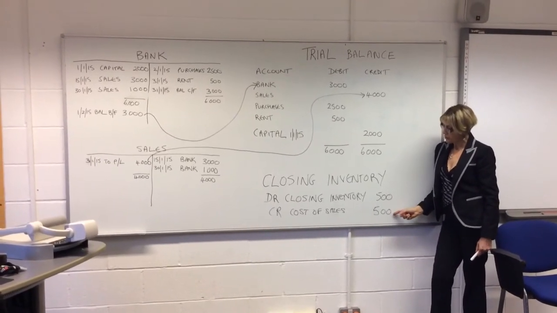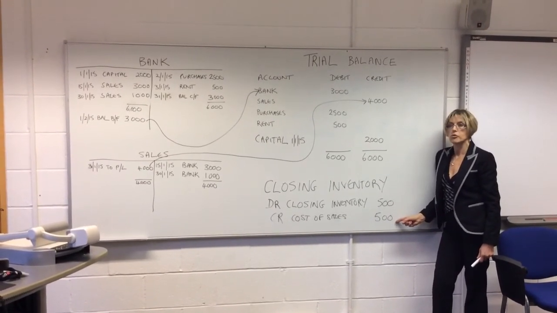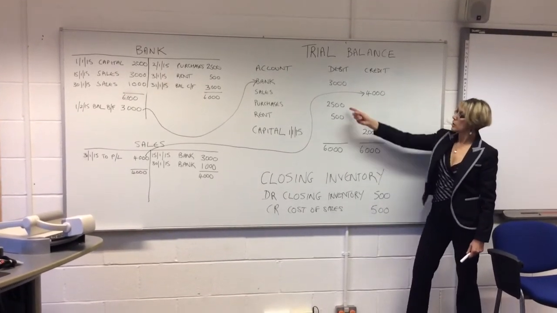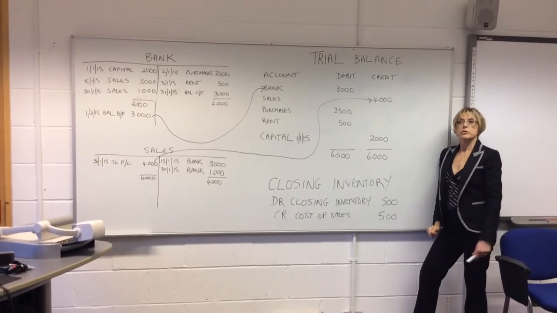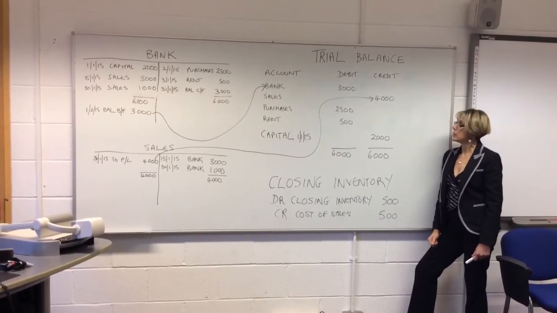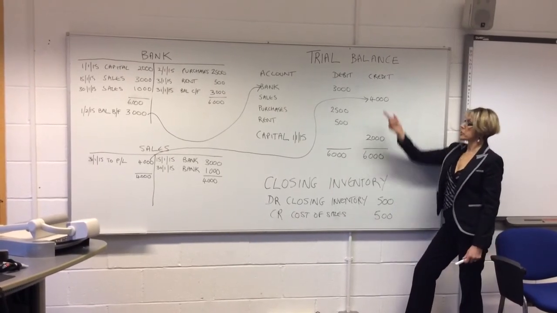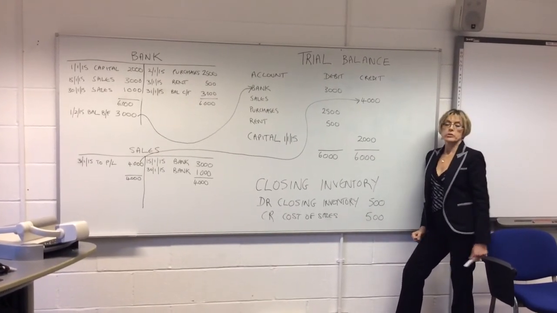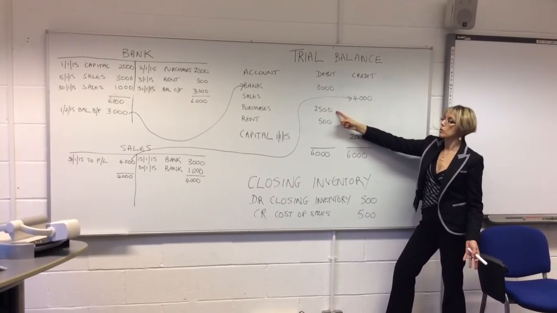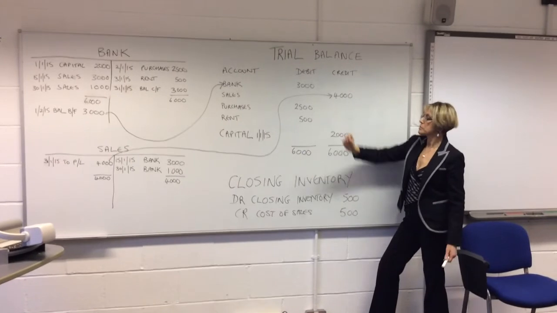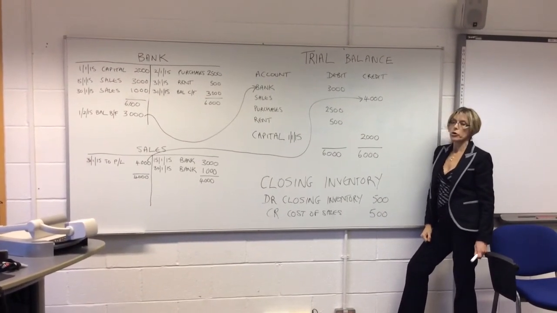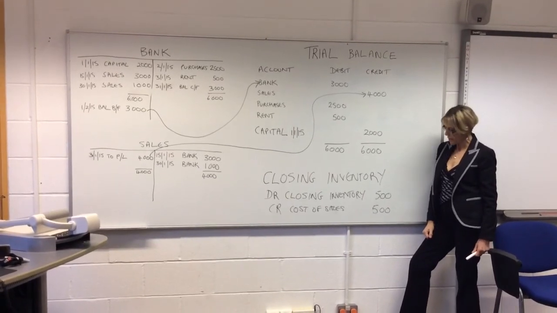And what that's doing is increasing my profit because I've actually sold £2,000 worth of stock. I've got £500 of stock left. So my profit is actually 4,000 minus the purchases, but less the closing stock. So I've got £2,000 of cost, £500 of rent, so my profit has gone up to £1,500.